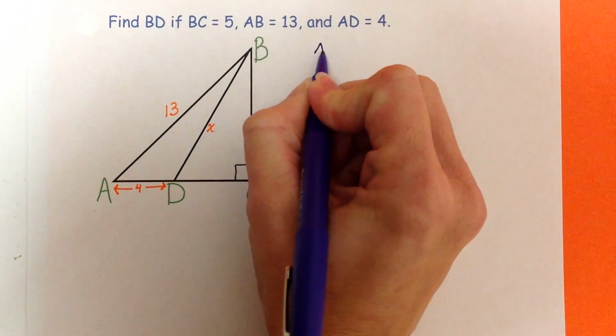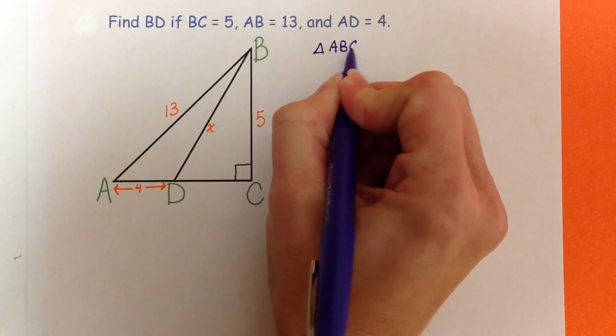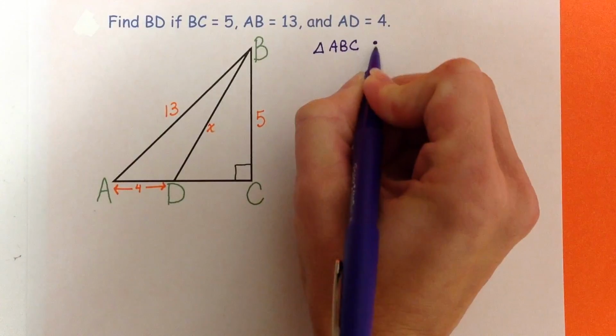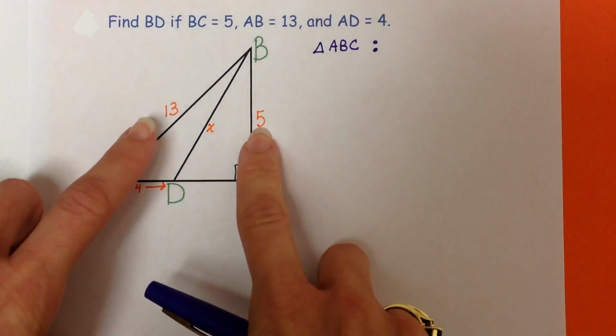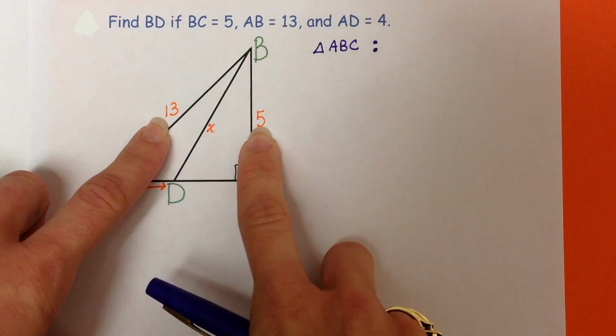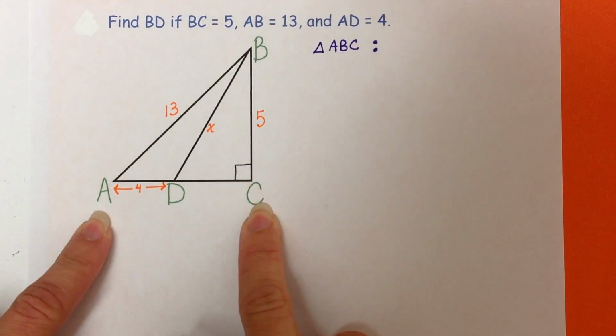But I'm going to say ABC. Now on the large one, you have 2 sides that you know, because you have the 5 and the 13. The side that you don't have is all the way from A to C.